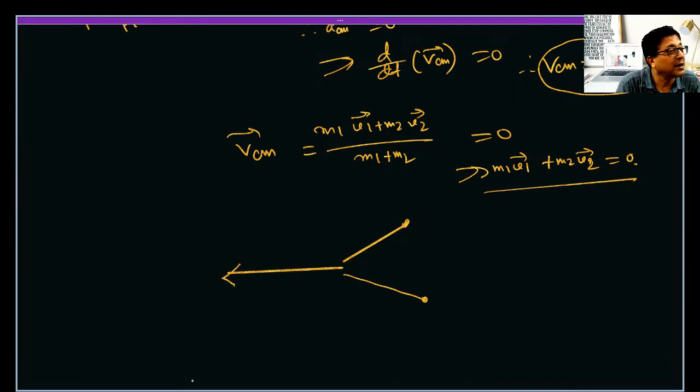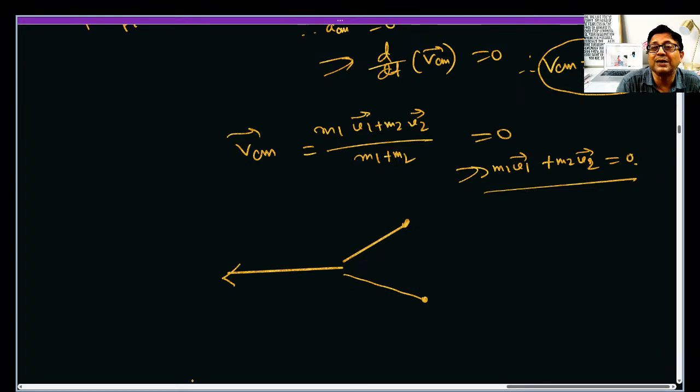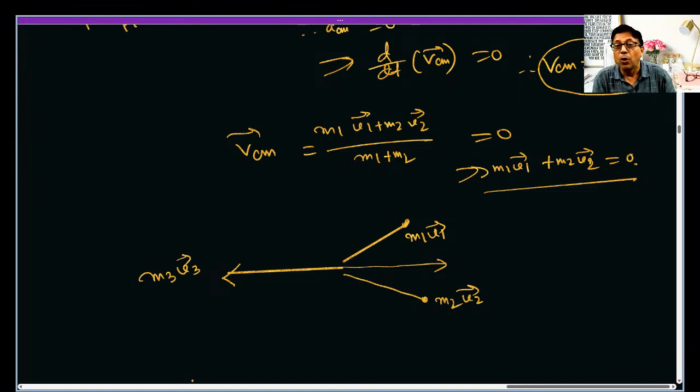M1V1, M2V2, then M3V3 will be 0. If one is going this way with momentum M1V1, the other going this way with M2V2, the resultant will go this way. The third particle M3V3 will be moving in a direction opposite to it. Although the velocity of center of mass is 0, it is at rest over there, the particles will move in different directions.